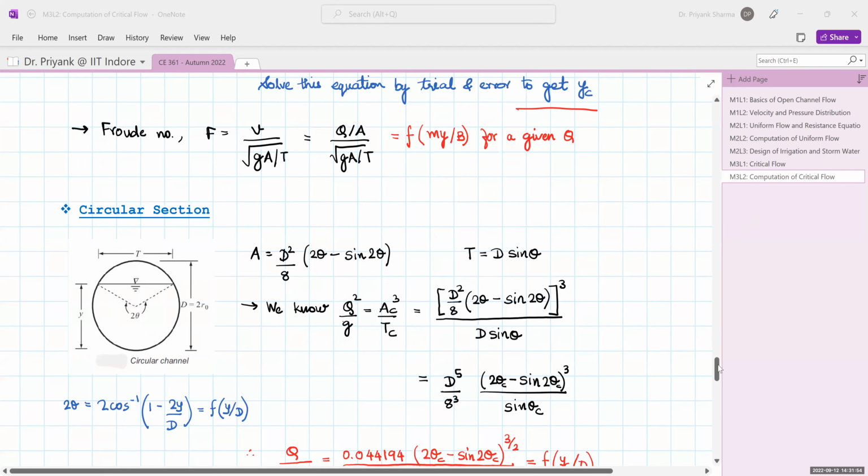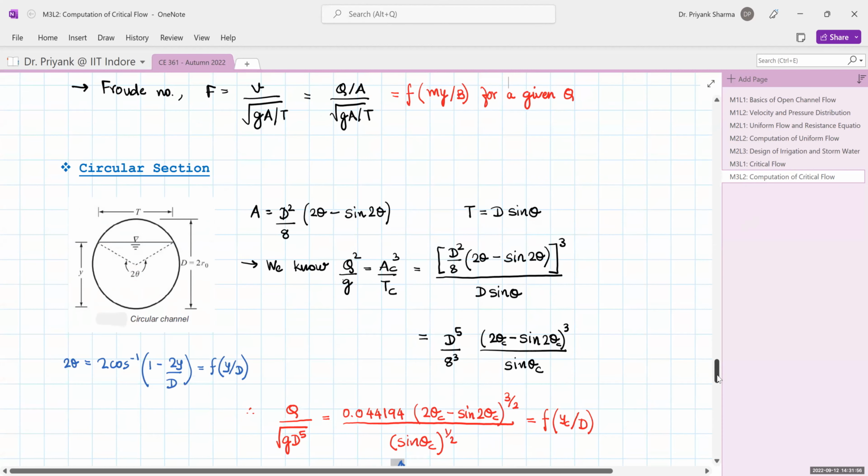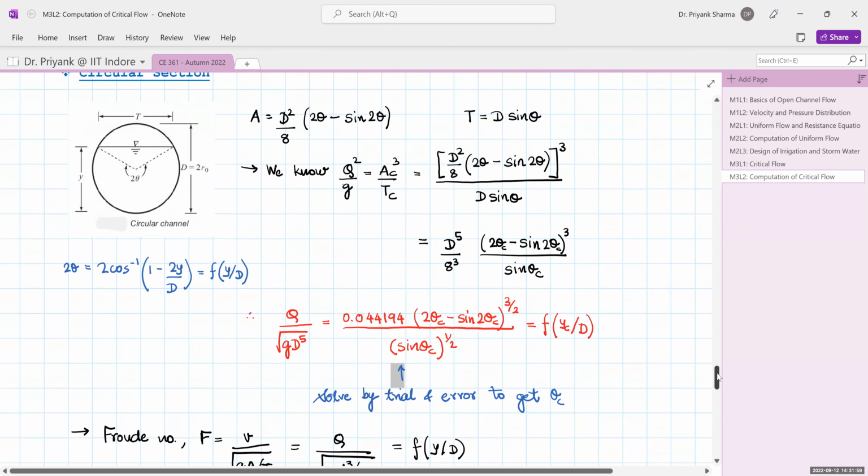Now going to the circular section, the geometrical properties are known to us, that is area is equal to d square by 8 (2 theta minus sine 2 theta), and T is equal to d sine theta. So we again substitute and simplify it. So you get Q upon under root g d raised to 5, that is equal to 1 upon 8 cube, and this fraction we are getting, into (2 theta c minus sine 2 theta c) raised to 3 by 2 upon sine theta c raised to half.